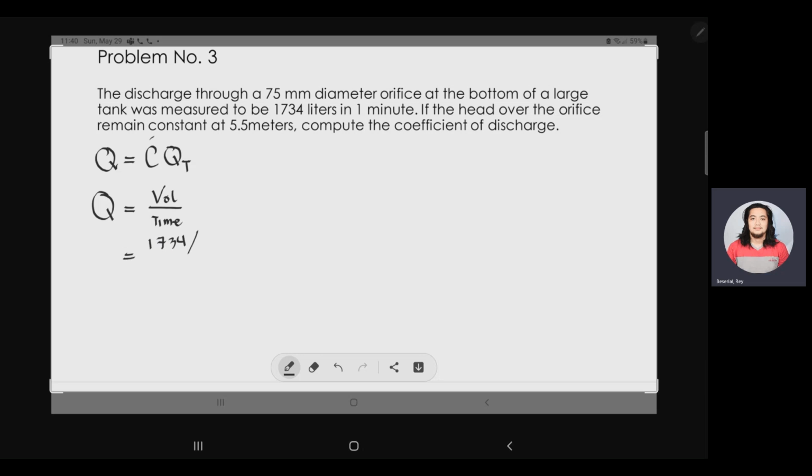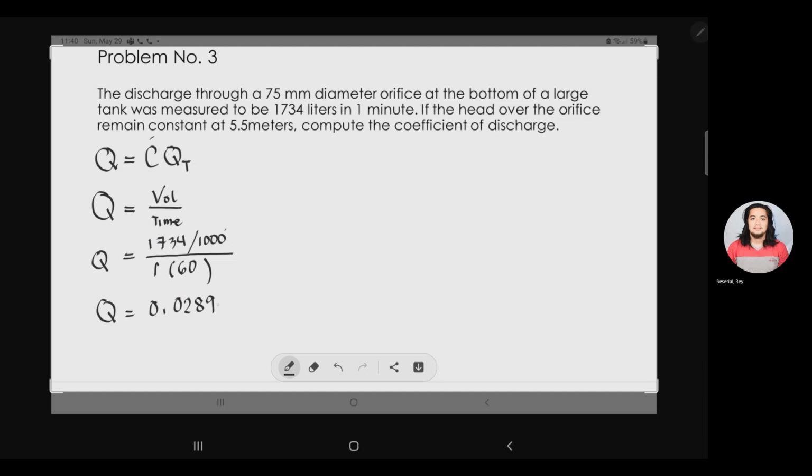So, i-divide natin siya sa 1,000. Over sa time natin na 1 minute, pero dapat naka-second, di ba? So, yung 1 minute natin, times natin sa 60 seconds. Okay? So, yung Q natin, yung actual discharge natin is, may value tayo na 0.0289 meters cube per second.